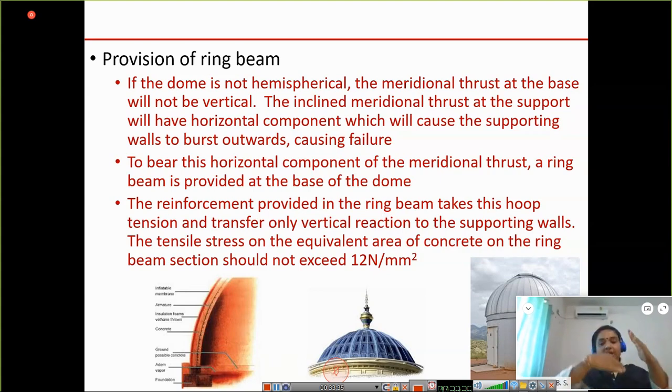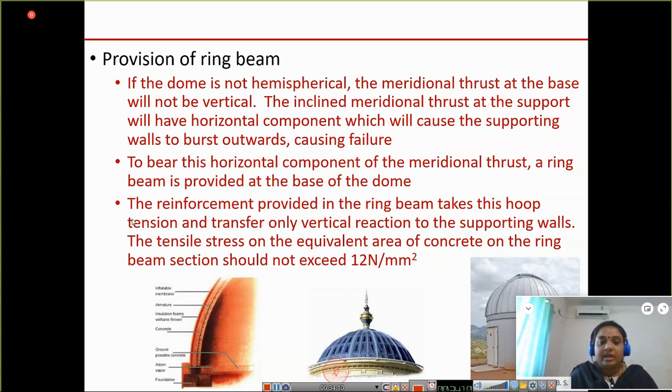So we'll have the stress like this, which will have a horizontal component and a vertical component, and this vertical component will go directly to the supporting media, whereas this horizontal component needs to be taken care of by providing a structure, in other words the ring beam. Otherwise, this force will try to burst your structure. So that is the necessity of providing a ring beam.